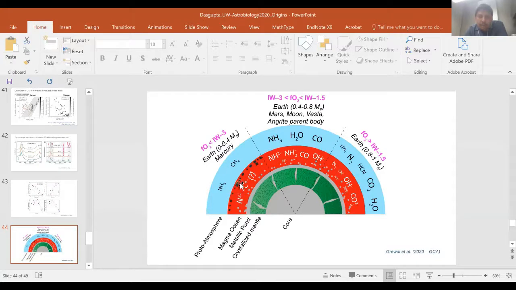What these black specks in this diagram refer to is the fact that because it's so reduced, the silicate magma ocean would actually get graphite saturated, which is basically what you were referring to. And accordingly, not a lot of outgassing can take place. But whatever outgassing there is, the species should be a reduced species. That's not to say that there will be a lot of outgassing.